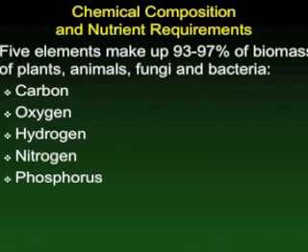And then nitrogen is the basic building block for proteins, and phosphorus is used extensively in cells. If you think about the phospholipid layer that you learned about in cell biology, you realize how important phosphorus can be, and also for the basic structure of DNA.